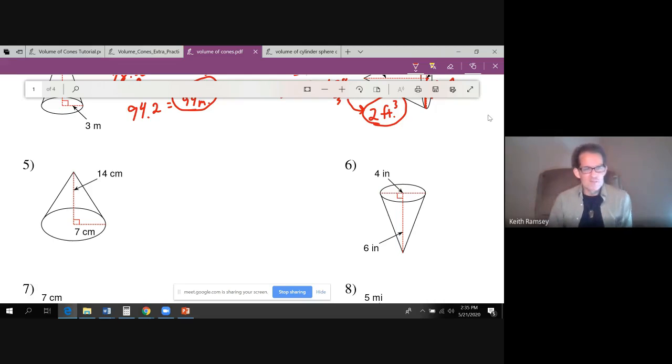Okay, let's look at number 5 together. So your radius is 7. So step 1 is pi r squared. So 7 squared times pi. 49 times 3.14 should equal 153.86. Step 2 is multiply that by the height. The height looks like it's 14.